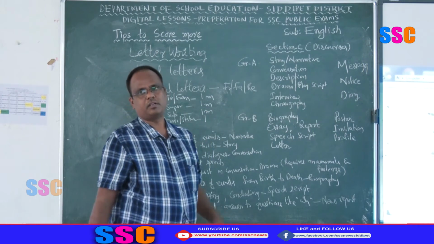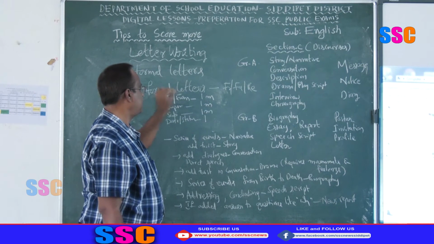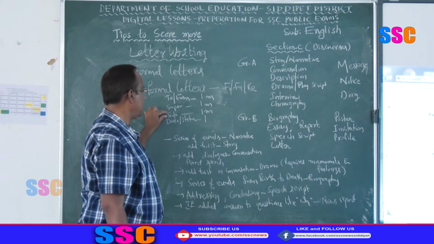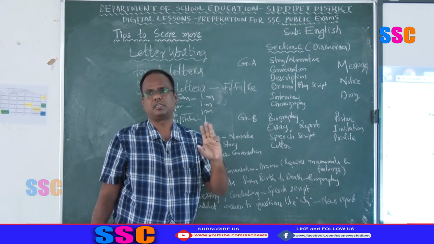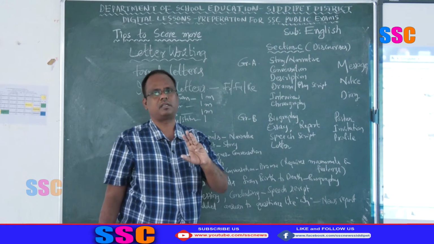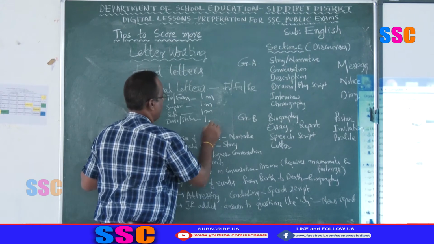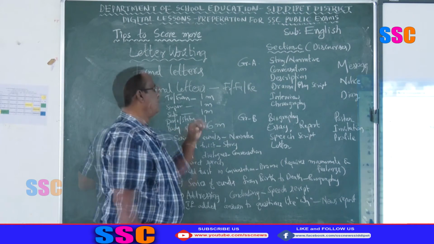So put together, these 4 components of a letter, that is to and from addresses, superscription, subscription, date and station, carry 4 marks, and the rest of the 6 marks are awarded to the body of the letter.